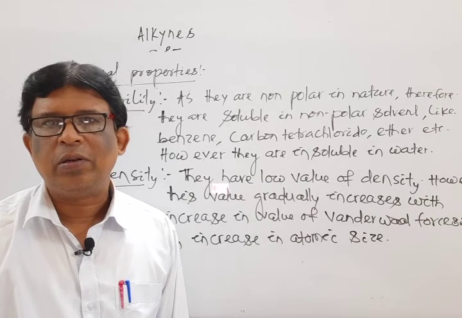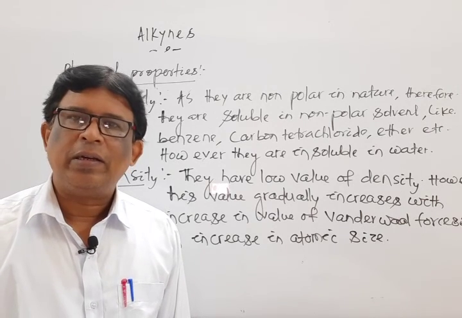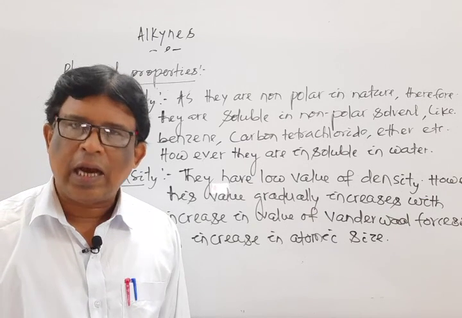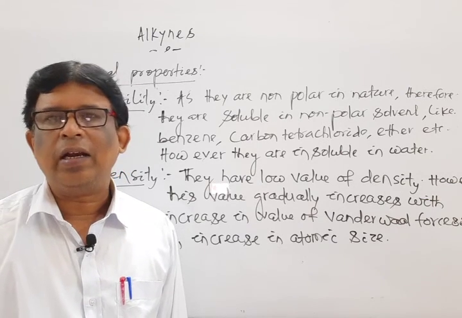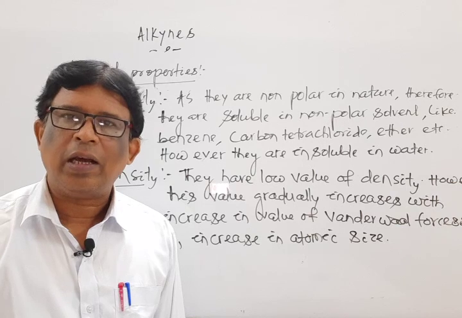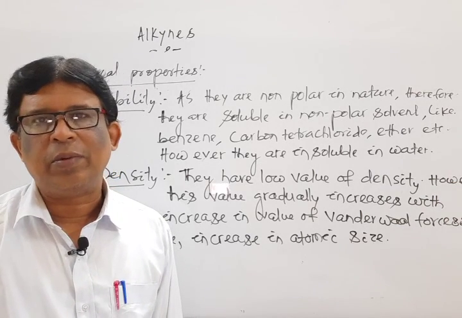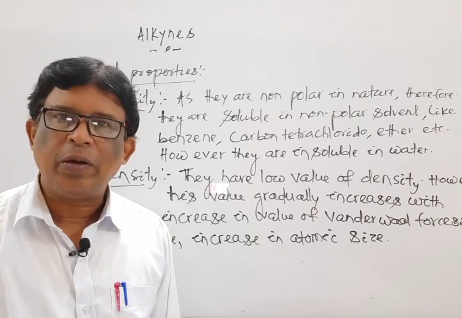It is all about the introduction part, the method of preparation of alkyne, and the physical property of alkyne. In the next class, that is class 2, we discuss the rest, the chemical properties of alkyne.